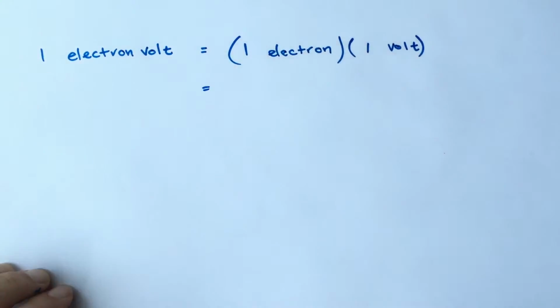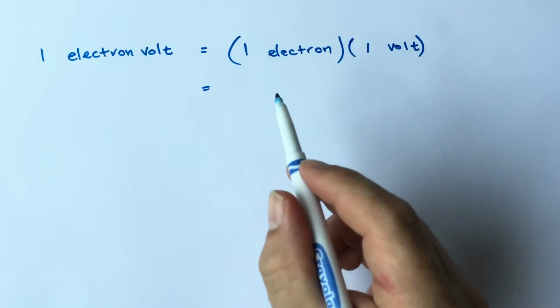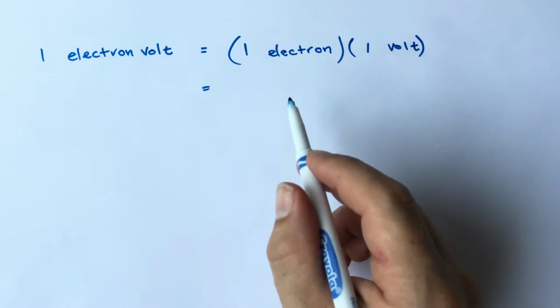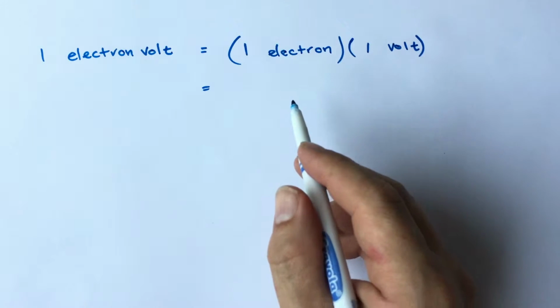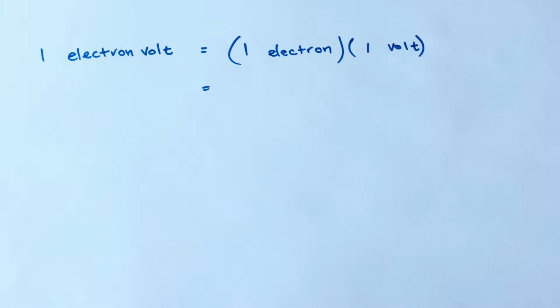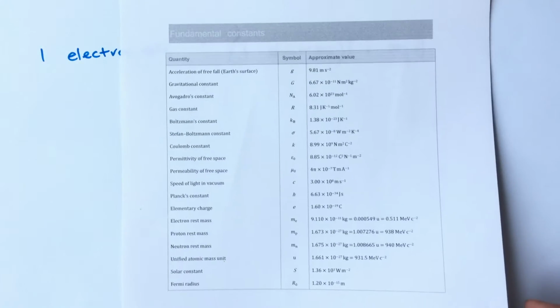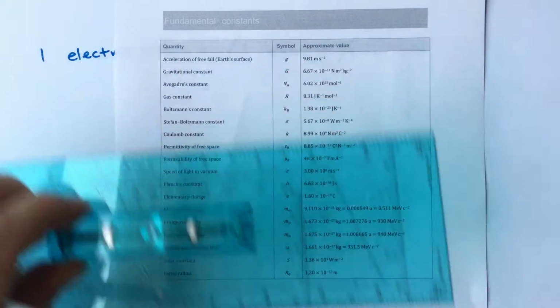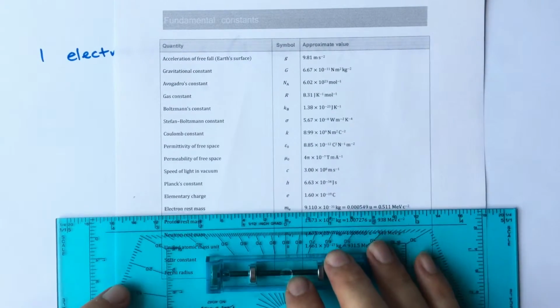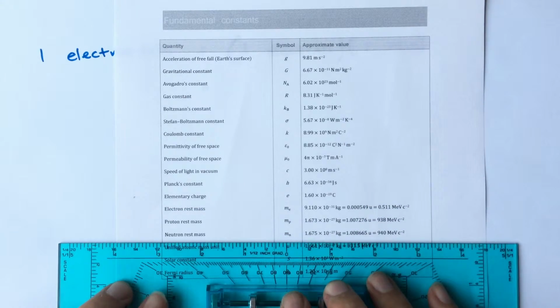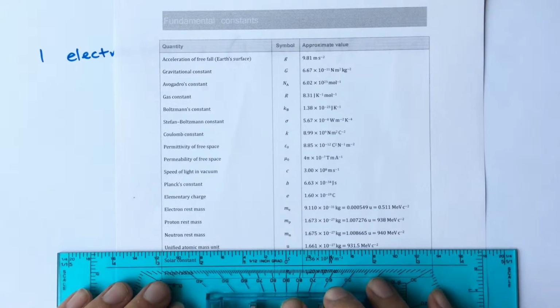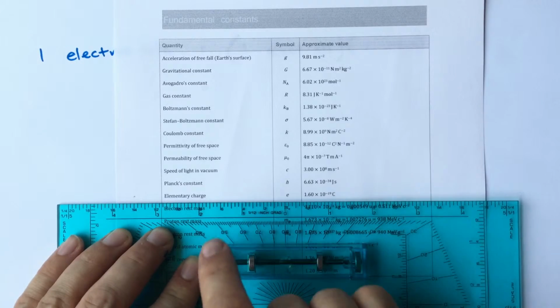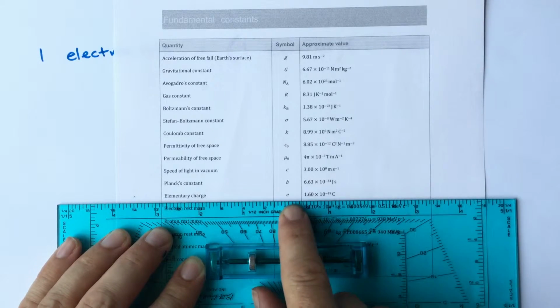All right. Very often, problems in IB will tell you that it's an electron and not give you the charge. But you need to be able to say, well, I know what the charge of an electron is. I have my data booklet with me at all times, and I can always look up the charge of an electron, an elementary charge right here.